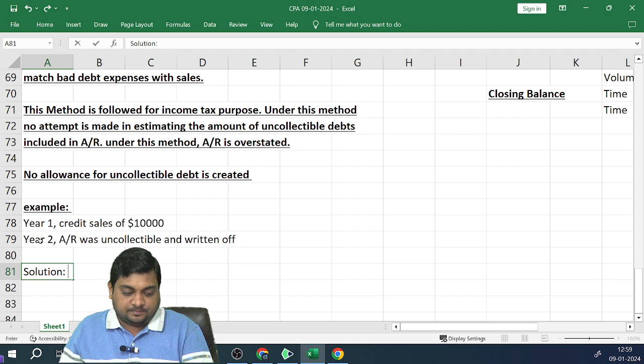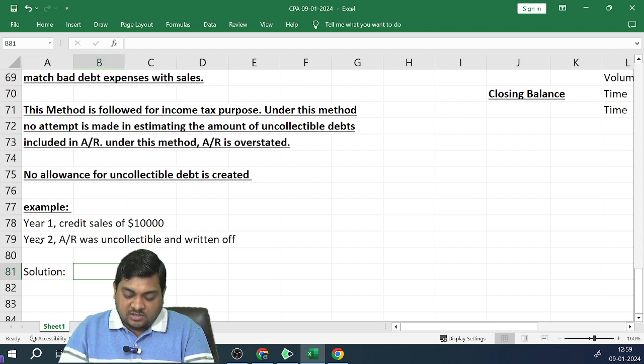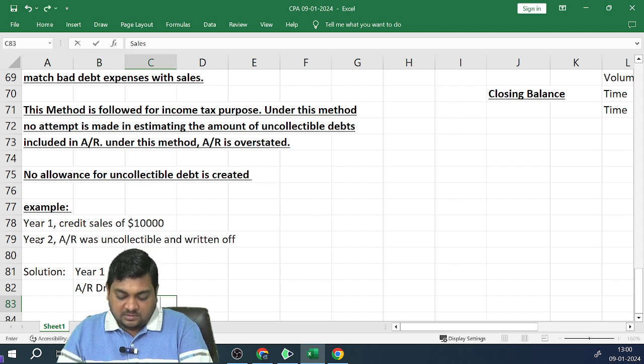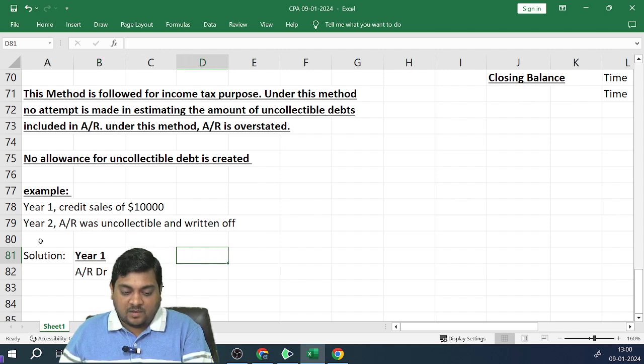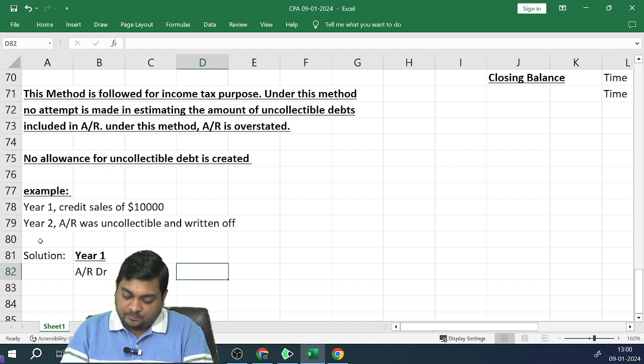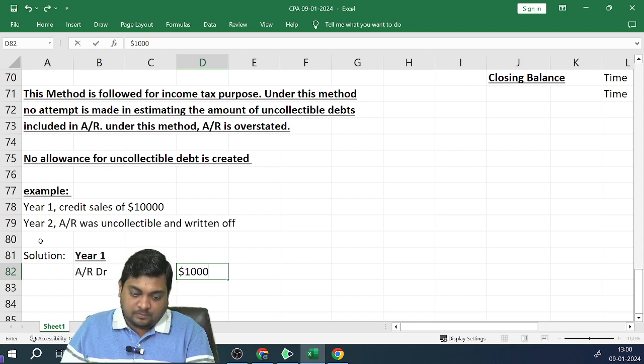Solution. So what is the journal entry we will do in year 1? Year 1, it will be accounts receivable debit, sales credit, right?